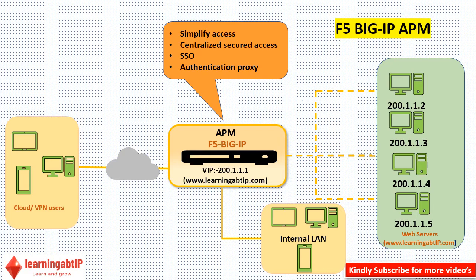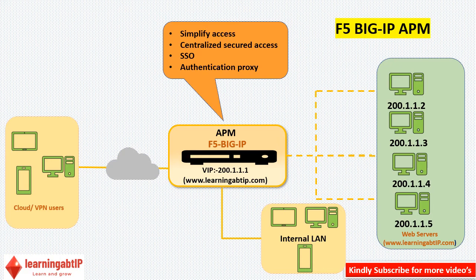APM is acting as an authentication proxy, which means no matter whether your application supports the latest authentication method or a legacy one, it will translate it to something that the backend application understands. This means we can enable users to use the same set of login credentials for all applications, no matter whether those are legacy or new applications, using the single sign-on functionality.